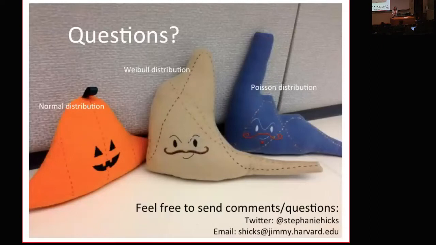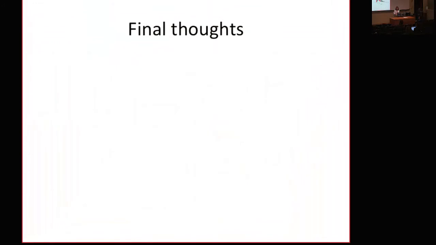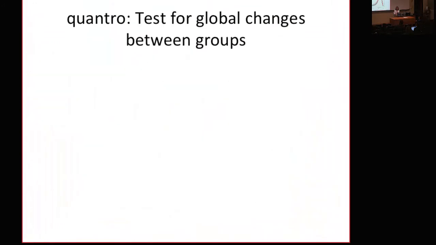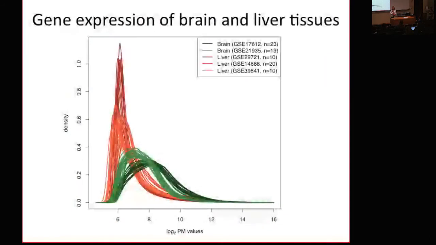So if you consider that example of brain and liver tissue, that is an example of global differences. So the distributions are very different from each other. If there were no global differences, the distributions would look almost the same. But the global part of it comes from the fact that there are maybe 70% of the genes that are different between the liver and the brain that causes the visual differences in the distribution.